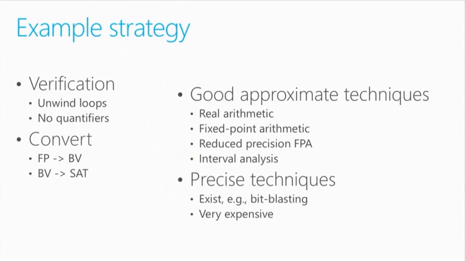Right. So let's suppose we got rid of the loops by just looking at one fixed number of loop iterations. Also, there are no quantifiers in here. And maybe we have some sort of good approximation technique that is not really precise, but can get us results that are relatively close to what we might want to see. We can also convert any of those floating point problems into a bit vector problem, which we can then in turn translate into a SAT problem.